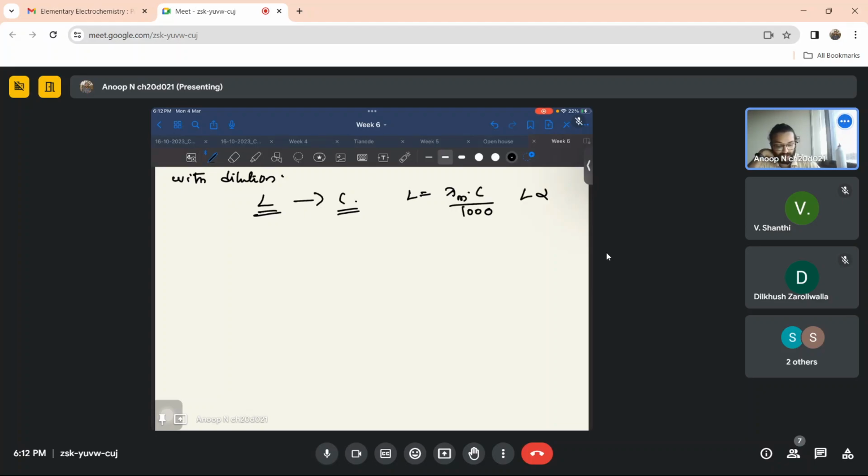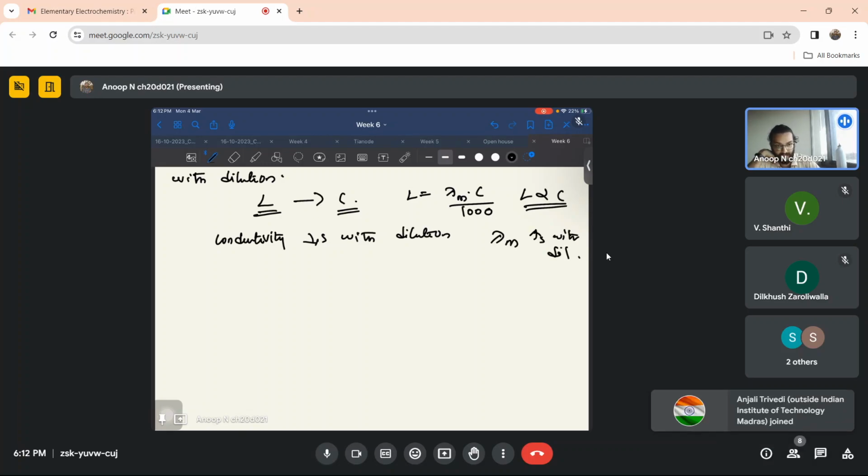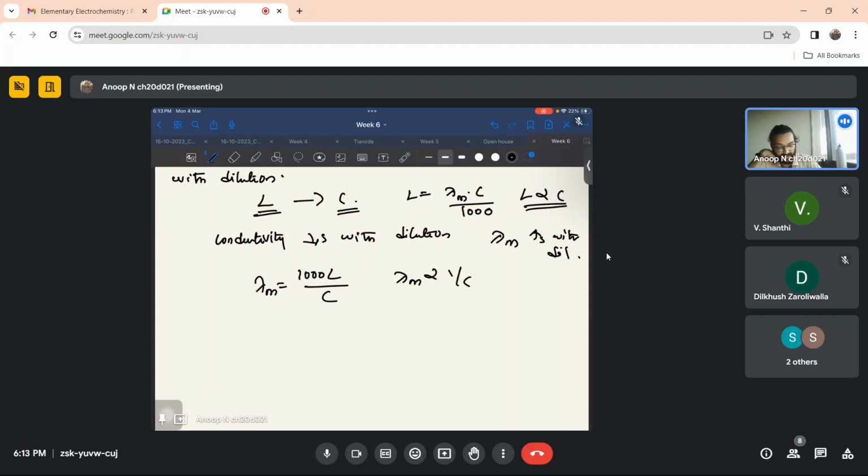So L is proportional to C. So conductivity decreases with dilution. Clear? In case of molar conductivity lambda m, it increases with dilution because lambda m is equal to 1000 L by C, so lambda m is inversely proportional to C. As we dilute more and more, the molar conductivity will keep on increasing.